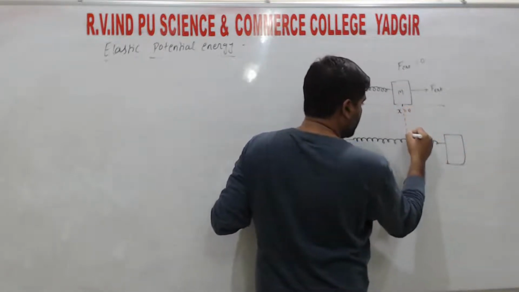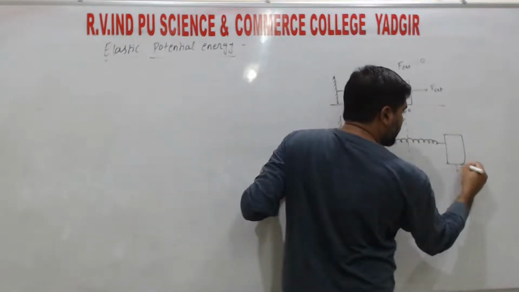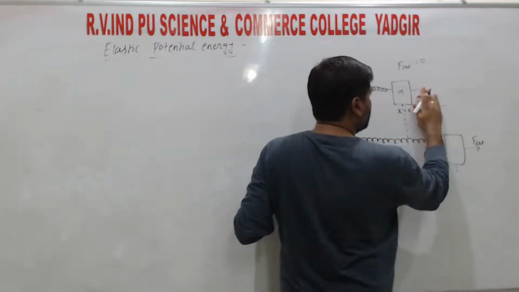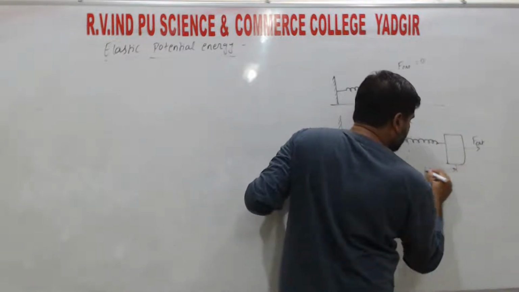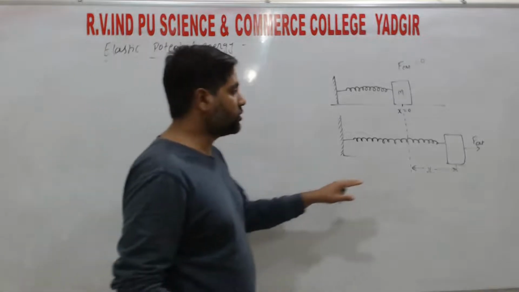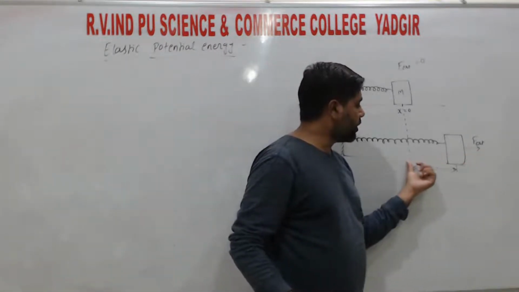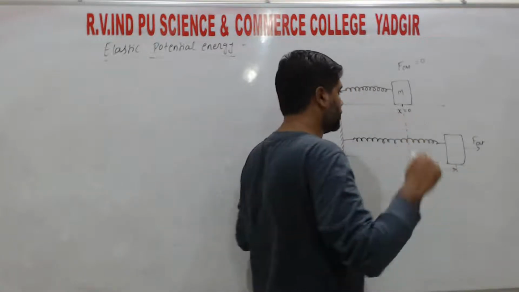So initially the object was here, and after applying the external force, here I will write F external. It displaces by some amount, that is x. When an external force is applied, the object gets displaced from its initial position. We call this position the mean position, right?